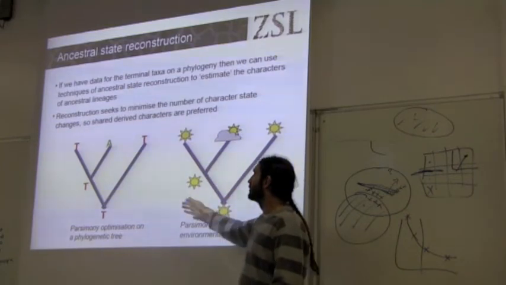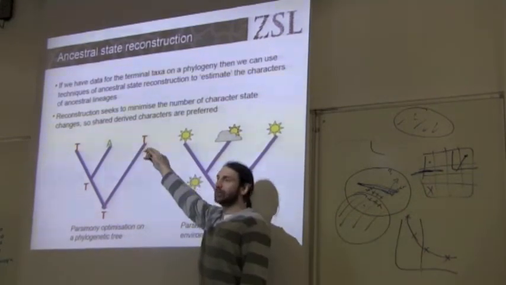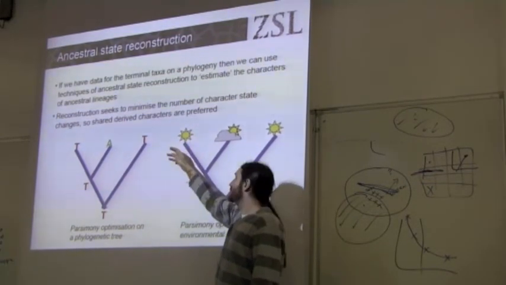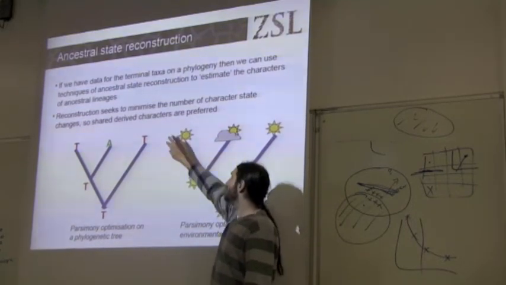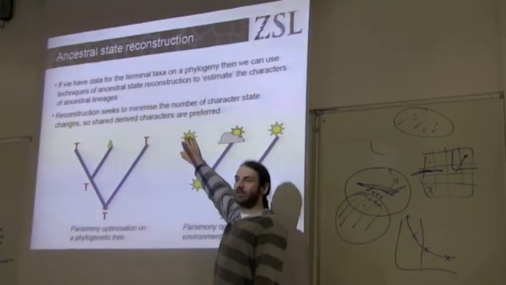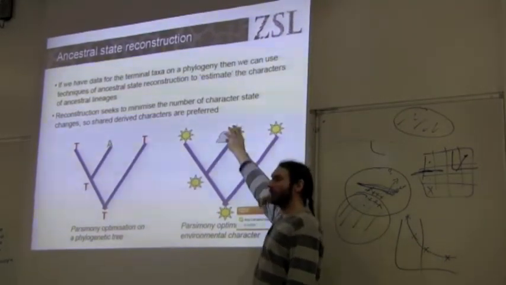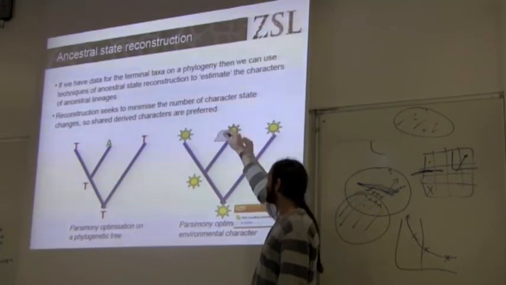So here we've got exactly the same pattern, but instead of nucleotides, we're looking at adaptation towards different climatic regimes. Okay, so here we have a hot adapted species, here we have a hot adapted species, and here we have a cloudy adapted species, if such a thing exists.